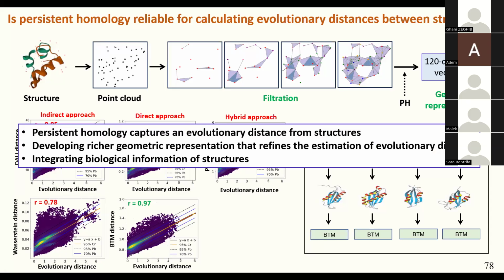So I came to the conclusion that persistent homology first captures and can estimate the evolutionary distance from structure, and by developing a geometric representation that is more reliable and integrating biological information into this representation, we can refine the estimation of evolutionary distance.